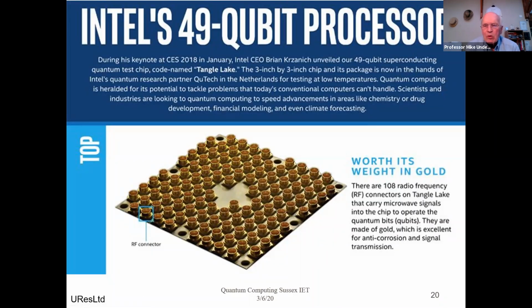They're made of gold, which is excellent for anti-corrosion and signal transmission. But the important bit, this is a radio frequency, an RF electronics piece of machinery. And that is where the RF engineers are really contributing to the whole issue. This is an example of the physics and the engineering coming together as an RF thing.